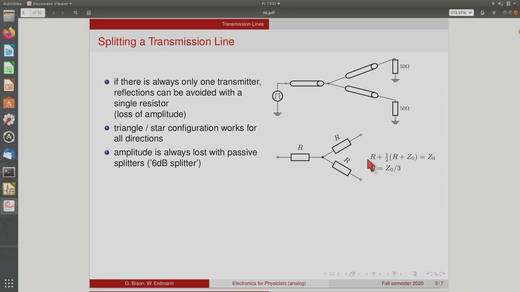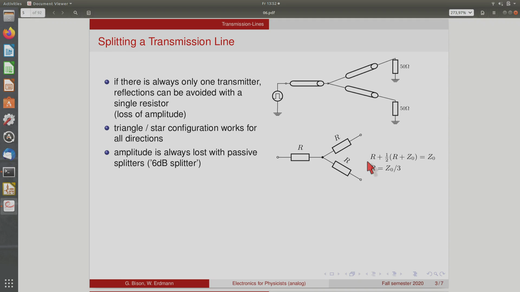So you have R plus Z0/2, because the two are parallel, R plus Z0, and this must be the original impedance again. And then if you solve this, you get that each one of these resistors has to be 1/3 of the original impedance. So if you do something like this, you can in fact also split transmission lines into two, and it'll look like a perfect splitter.